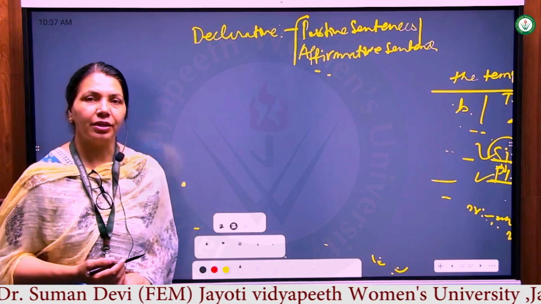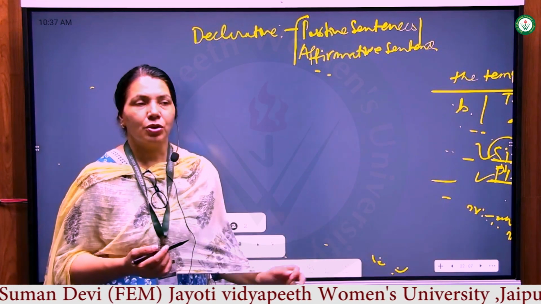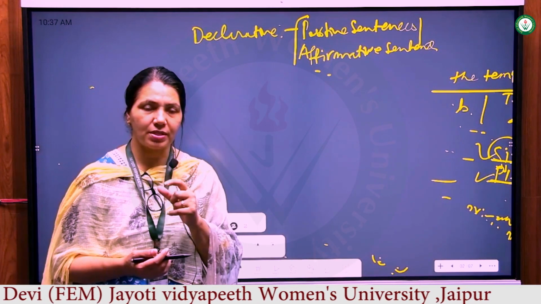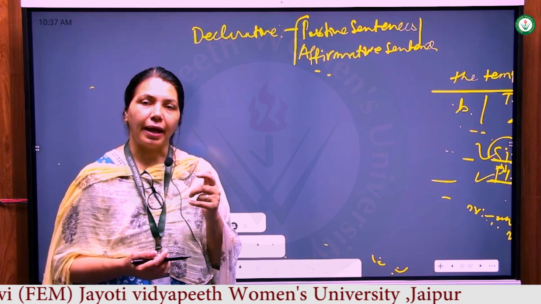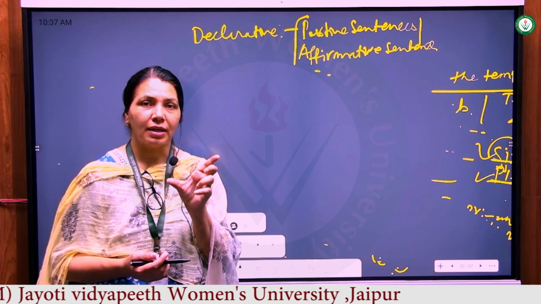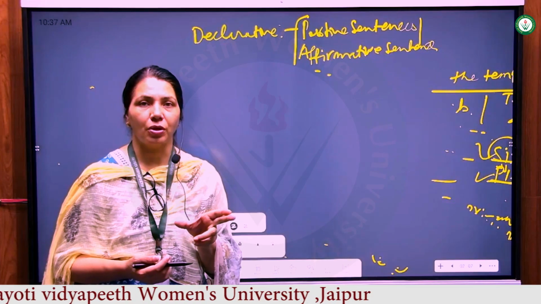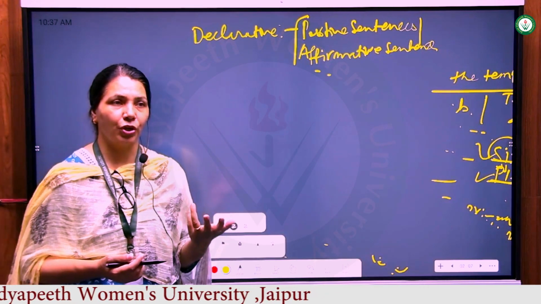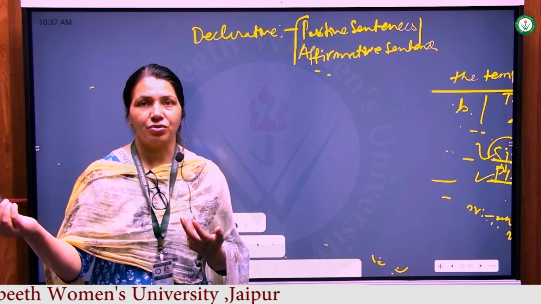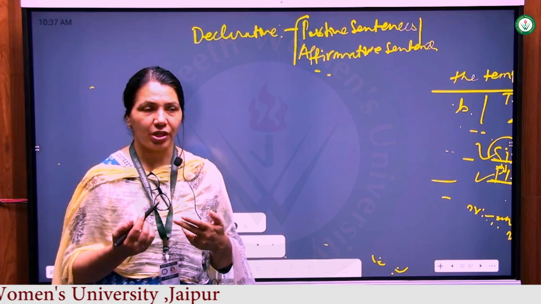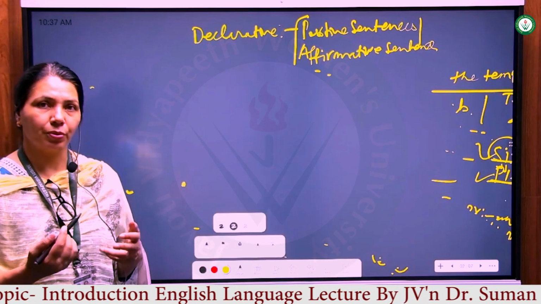In a sentence the first letter always starts with a capital letter and the sentence ends with a full stop. It means the sentence is complete now, right? And it tells about statements. For example, fan runs fast.